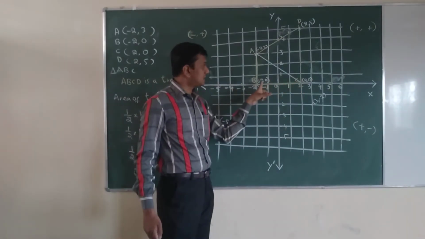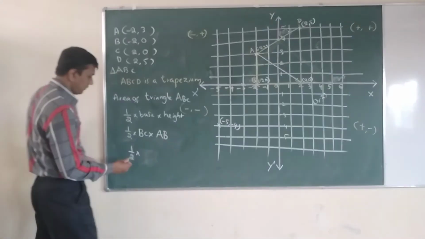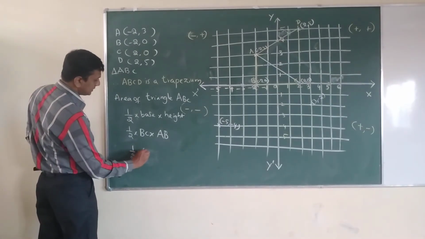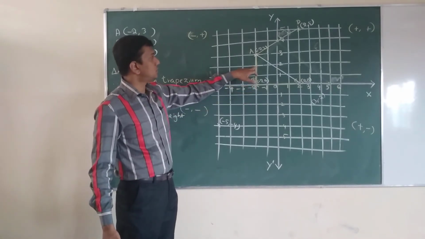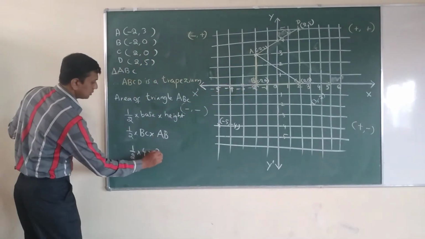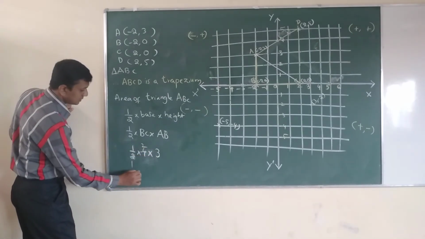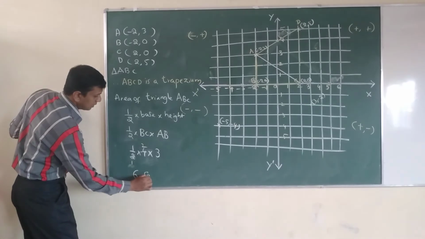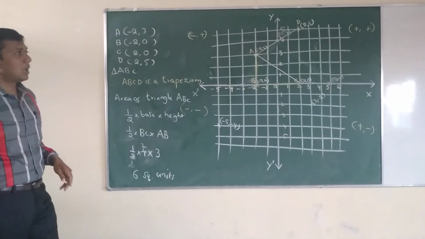Or the distance between these two: 2 minus of minus 2, 4. That means 4 units. AB is 1, 2, 3. Half into 4 into 3: 2 ones, 2 twos, 2 threes, 6 square units.